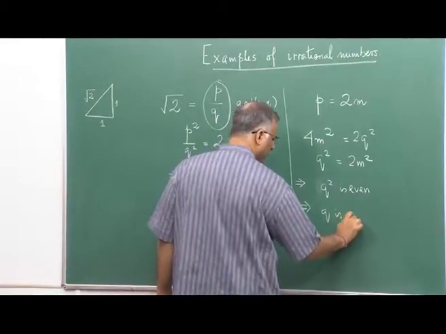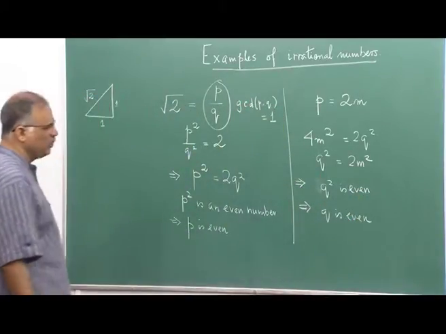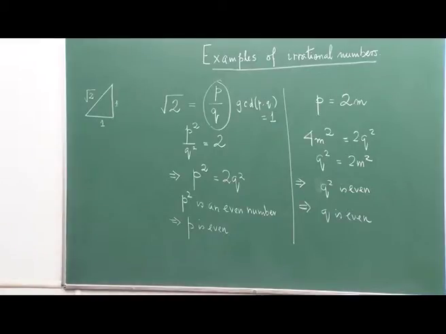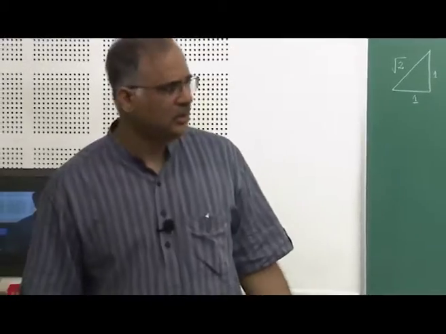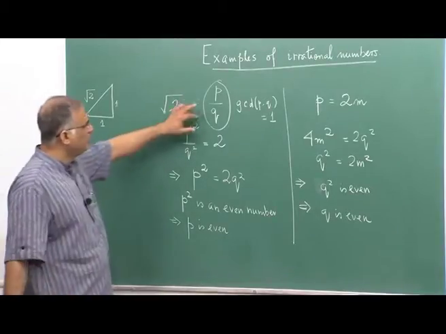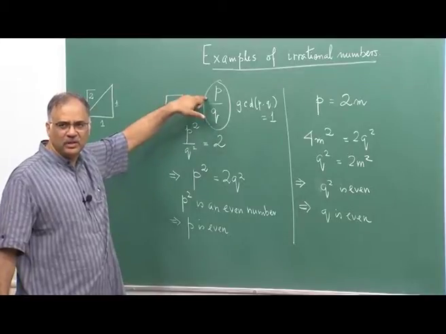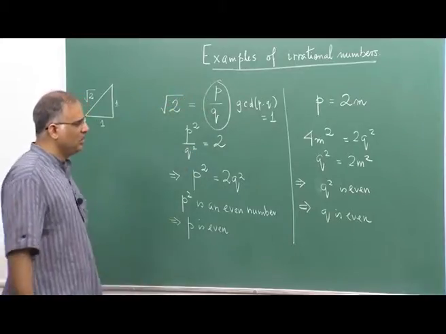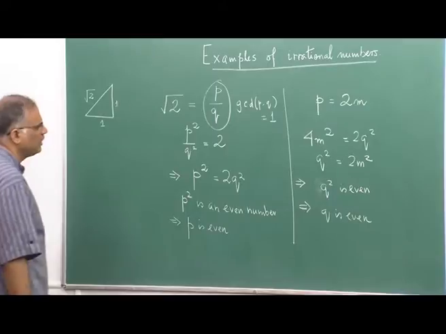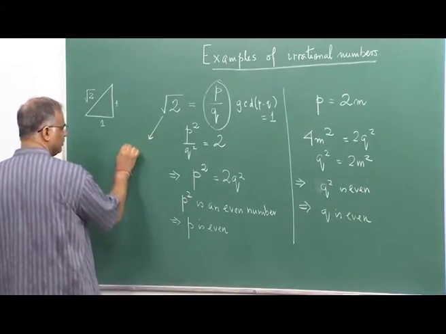So, if p and q are both even numbers, which means 2 is a common factor, 2 divides both p and q. So, it cannot happen because here I have considered p and q in the reduced form, so they do not have any common factor other than 1. So, here we reach a contradiction and hence we conclude that this is irrational.